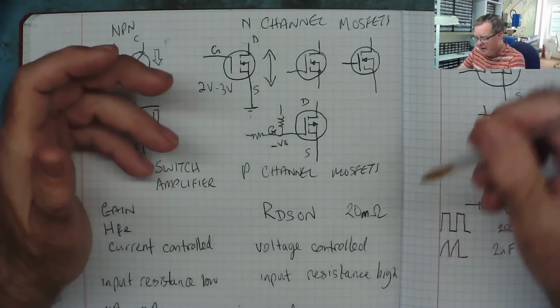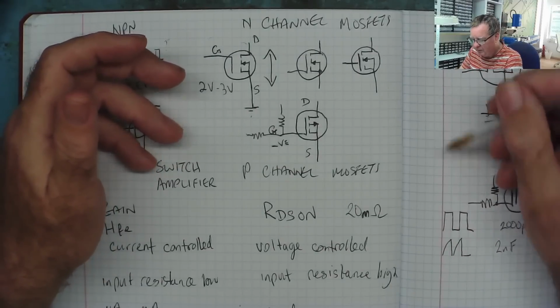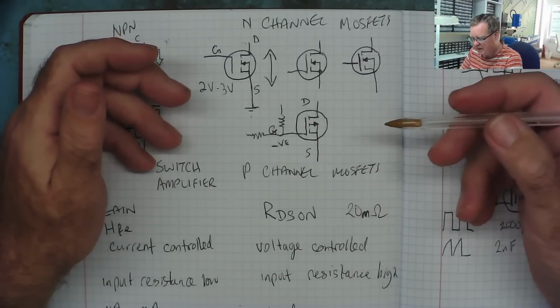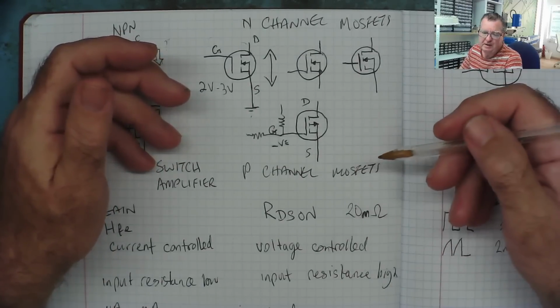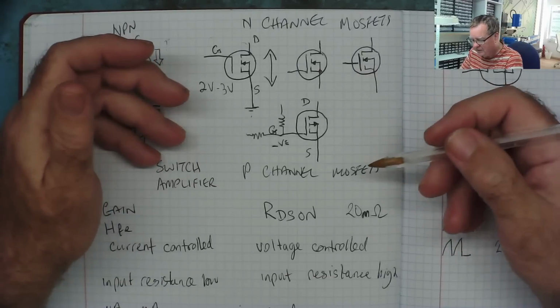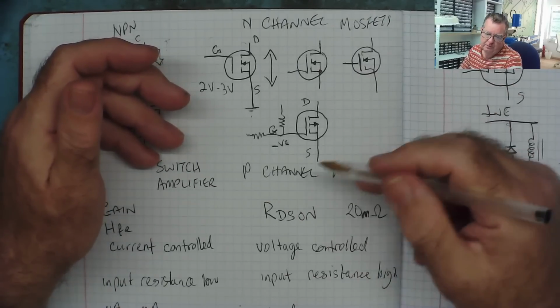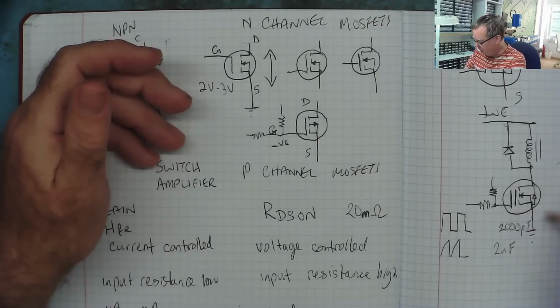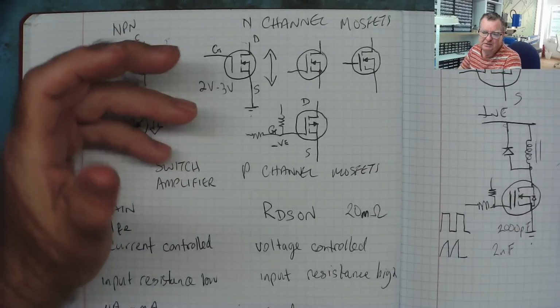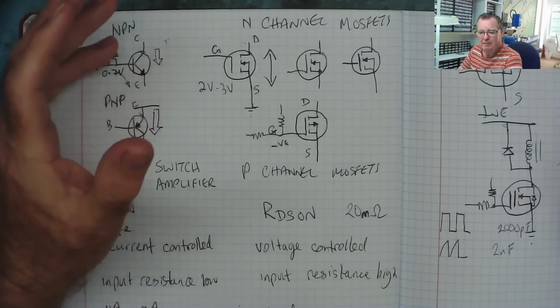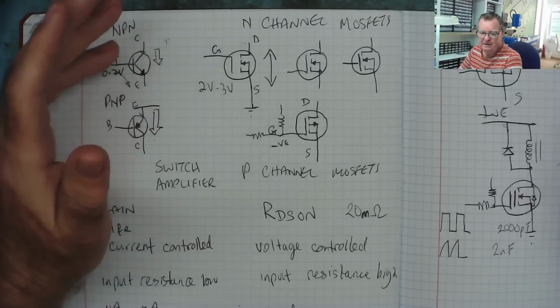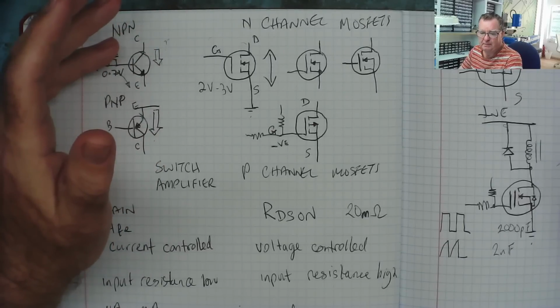So your main important parameters of a MOSFET are how much voltage it can withstand, how much current it can pass, how much wattage it can dissipate, the RDS on, which should be low, and the gate capacitance. Those are the main parameters that affect the performance of a MOSFET.